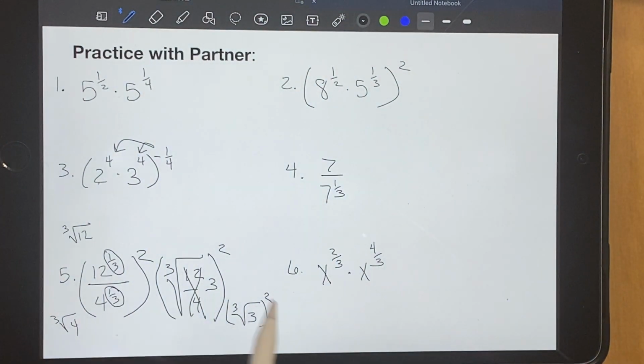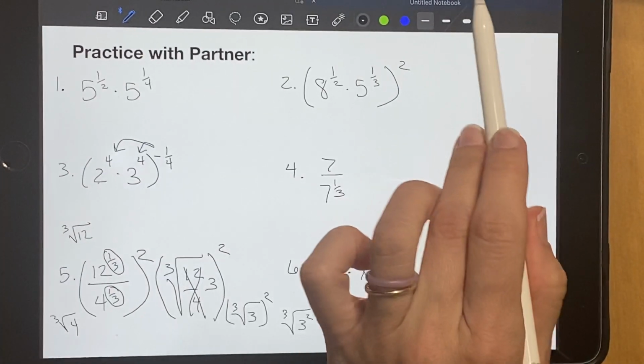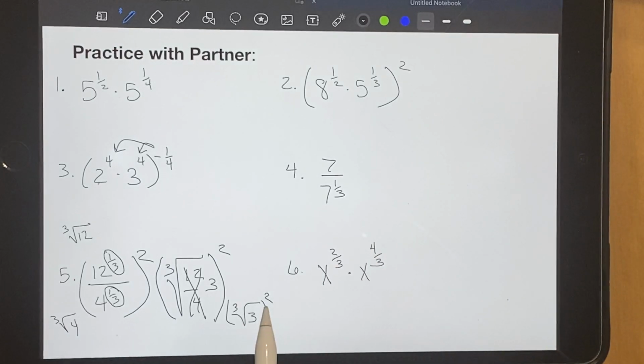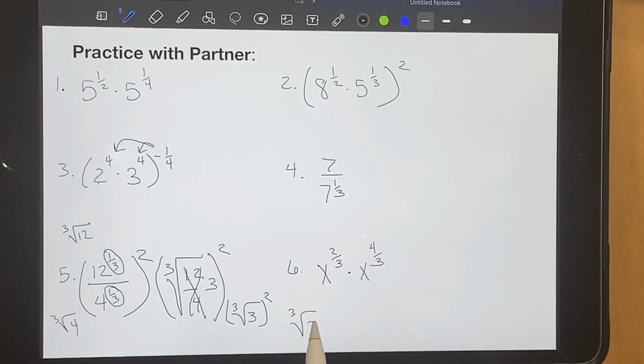So you might say, well, Ms. Thomas, why can't I write it on the inside of the parentheses? Well, you really can, because what does it mean when it's on the outside? It means we'd have a cube root of 3 times the cube root of 3.